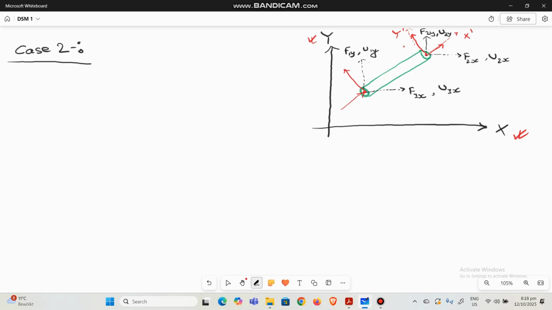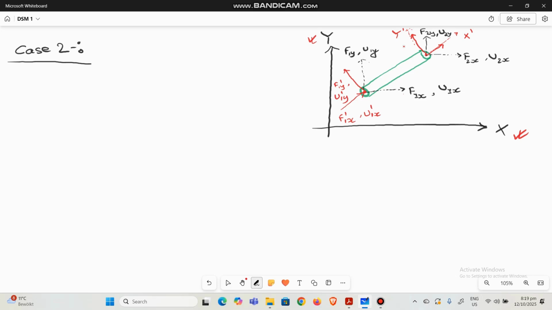Now since this is in local coordinate, we write f1x, but we use a dash over here, and u1x, but it's in a local coordinate system. Similarly, for this case, you have f1y dash and u1y dash. I hope you understand this.